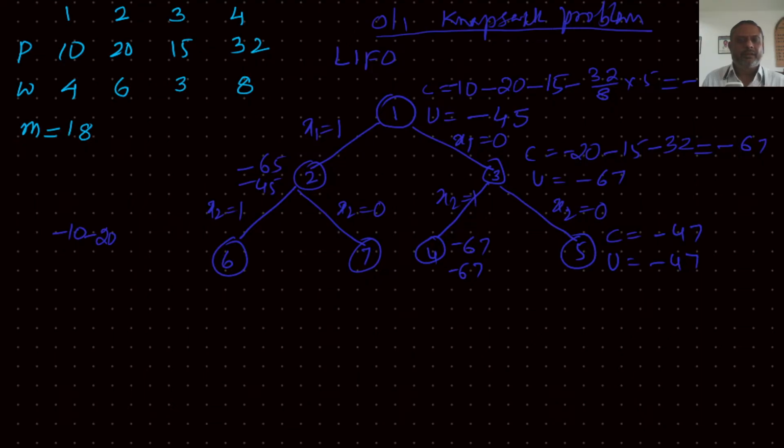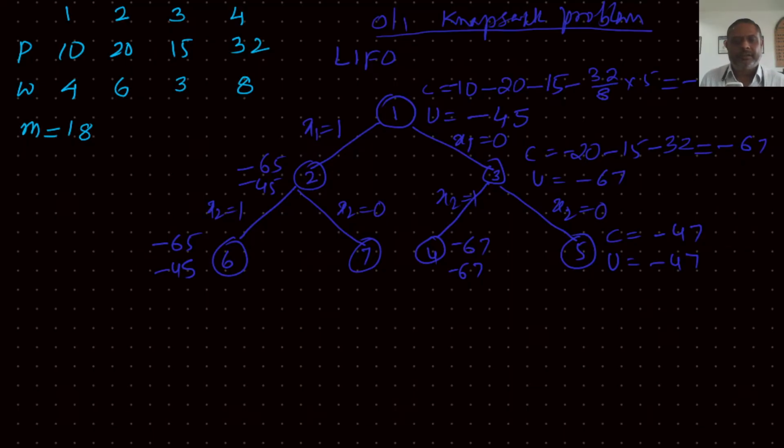Then x3 can be used, but x4 cannot be used totally. Therefore, 32 by 8 into 5. The same logic gets us minus 65 as the cost, minus 45 as the upper bound. Okay.